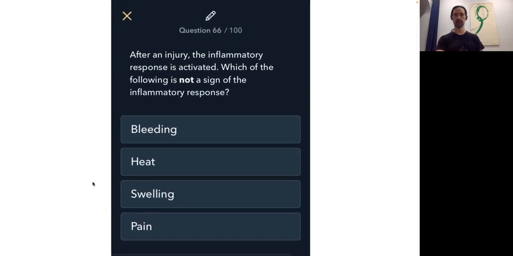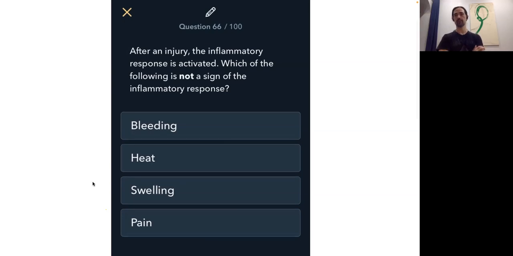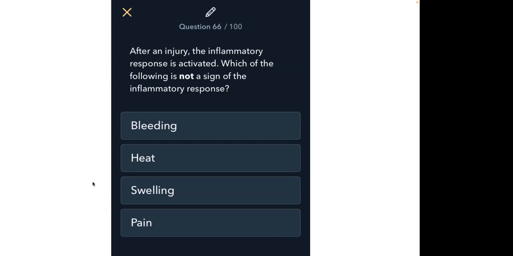After injury, the inflammatory response is activated. Which of the following is not a sign of the inflammatory response? Is it bleeding, heat, swelling, or pain? Which one is not part of the inflammatory process? Bleeding, that's right.